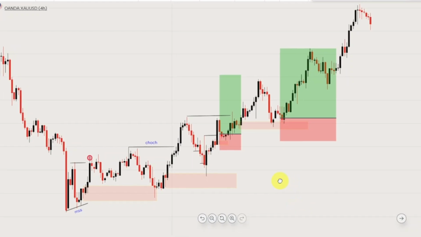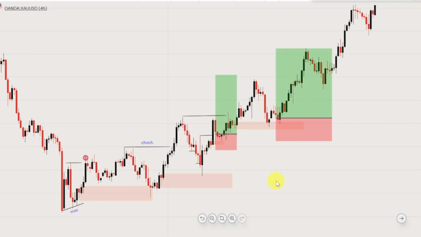You need to determine the trend based on what we just went through. Determine the trend and identify your high probability order block, fair value gap, or point of interest. That is the key level that you want to take the trade from. And the next thing you need to do is determine your entry and also your exit by going to the smaller time frame to add more confluence to the trade entry so that you have more probability of winning.